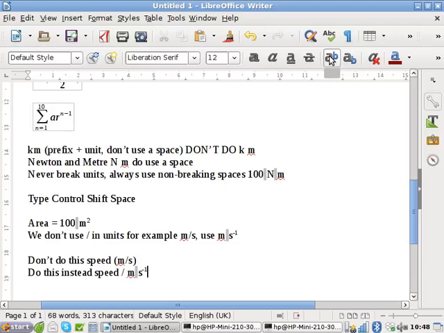Now, group 2, I should have 11 people. So, group 2, please. 1, 2, 3, 4, 5, 6, 7, 8, 9. So, I'm missing 2 people. Well, I see Juliana. Who else?